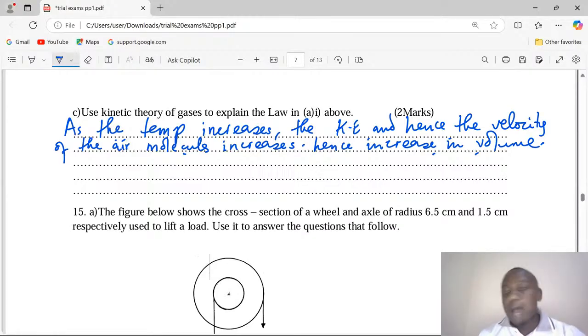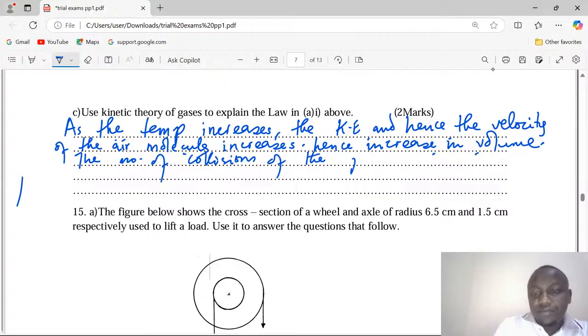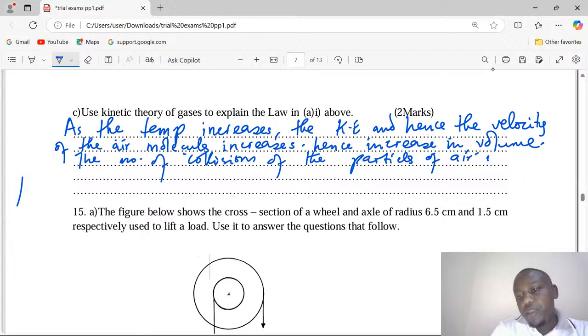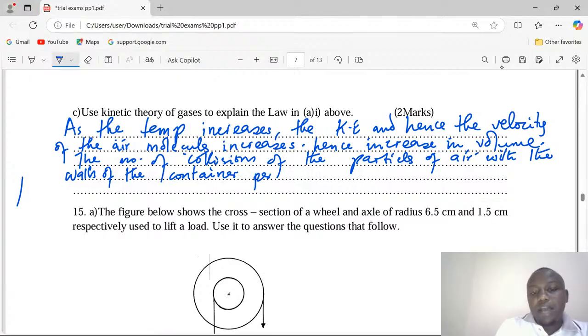So the number of collisions of the particles of air with the walls of the container per unit time remains constant.